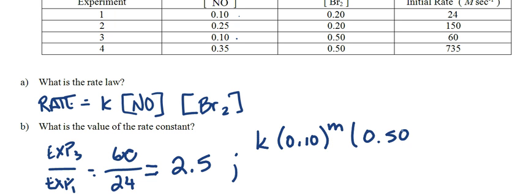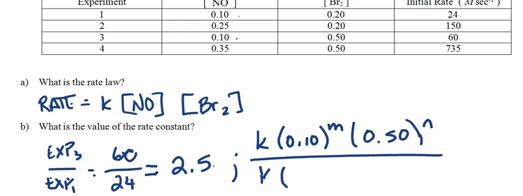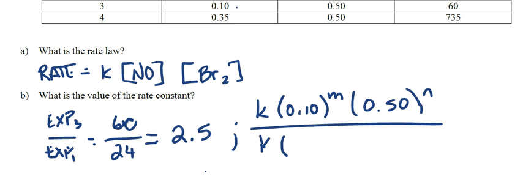And for the bromine, it's 0.5, and we don't know what that is either, all over 0.1, and in experiment 1, that is 0.2.